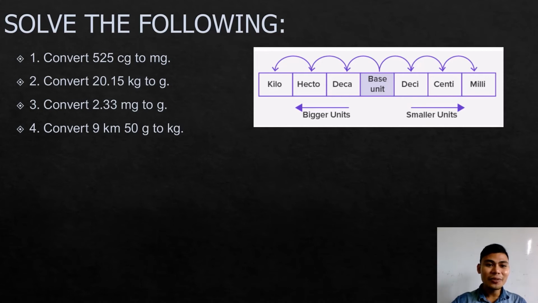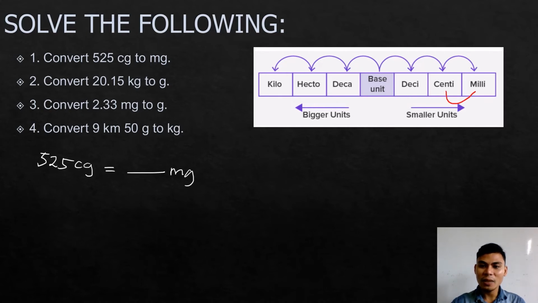So, convert 525 centigrams to milligrams. So we will just move. Dito si centigram to milligram. Saan yan papunta? It's going to the right one time.